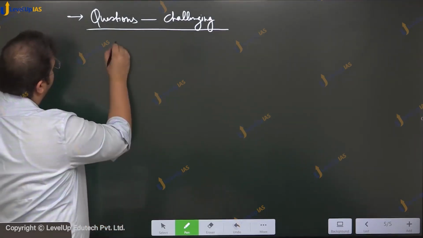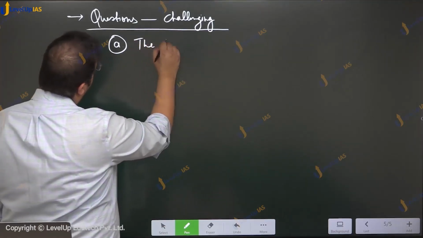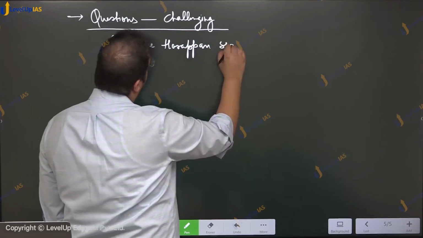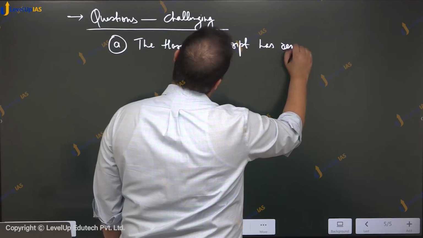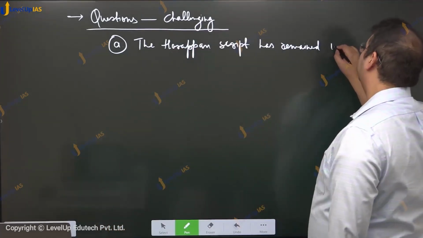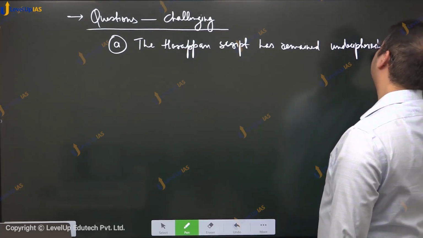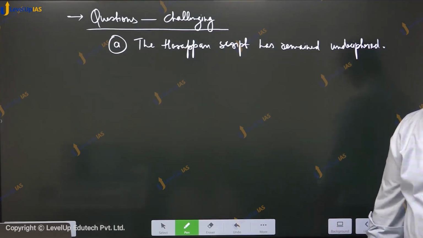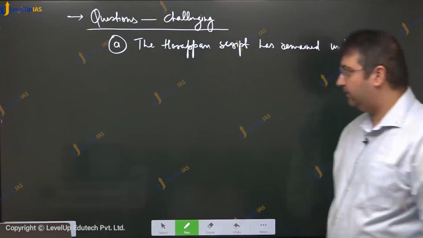First of all, the Harappan script has remained undeciphered. Okay? So we are not able to read what the Harappans wrote about themselves, which could have provided us important clues with regards to their origin.